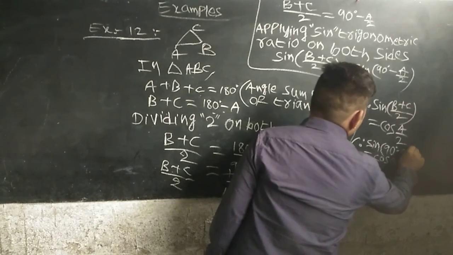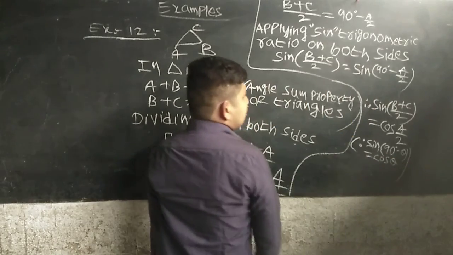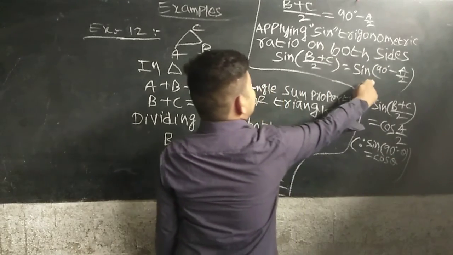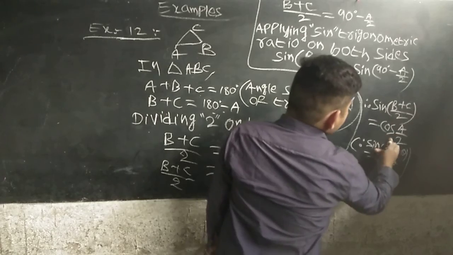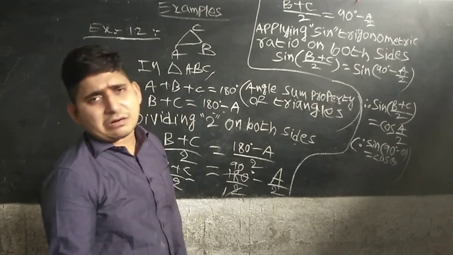Similarly, sine (90 degrees minus A by 2) equals cos A by 2, since here theta equals A by 2.